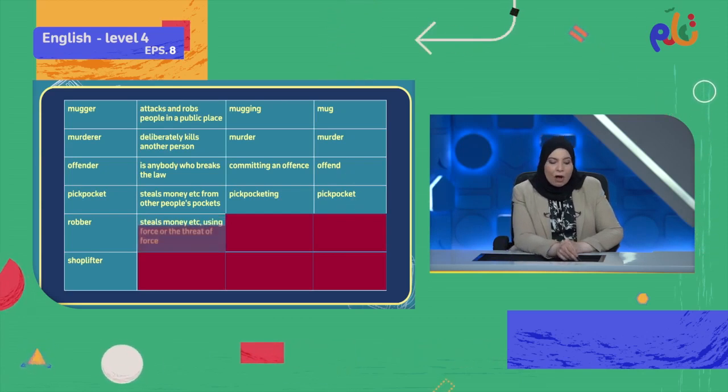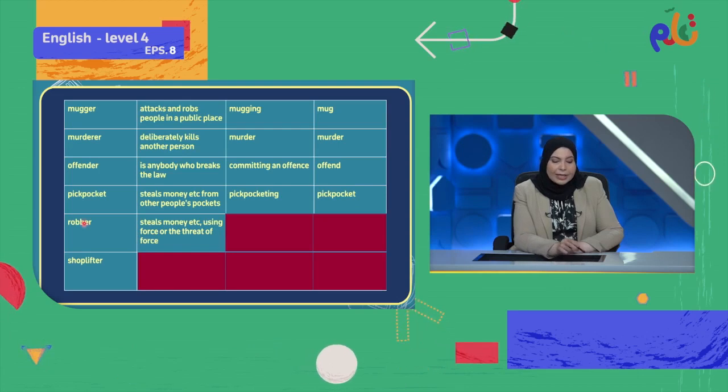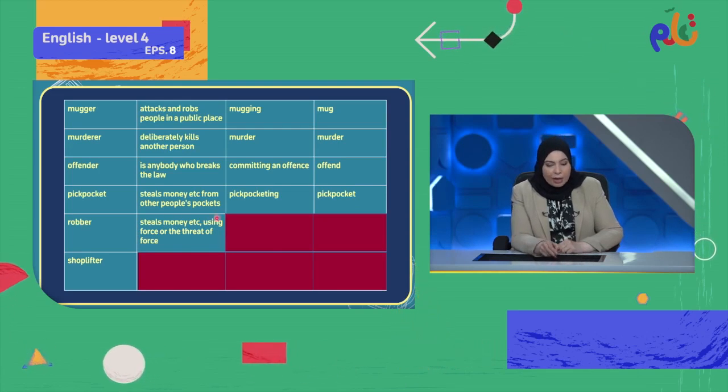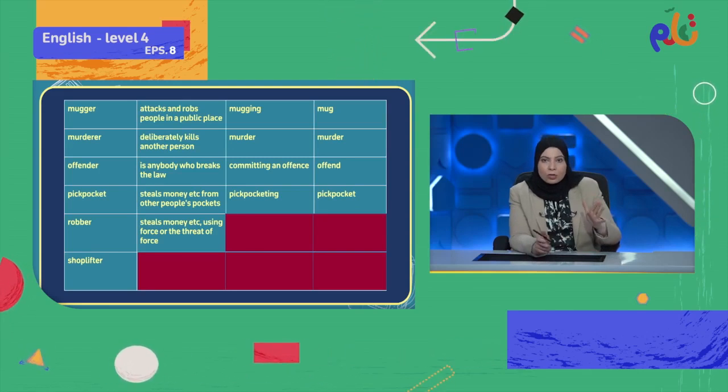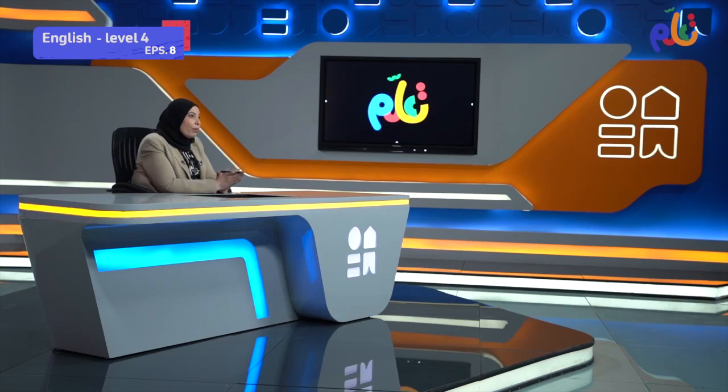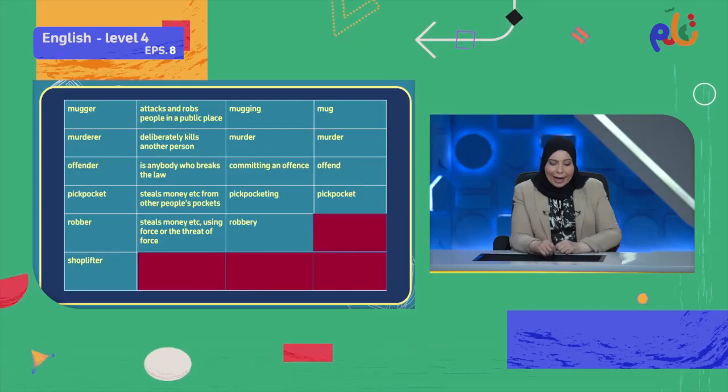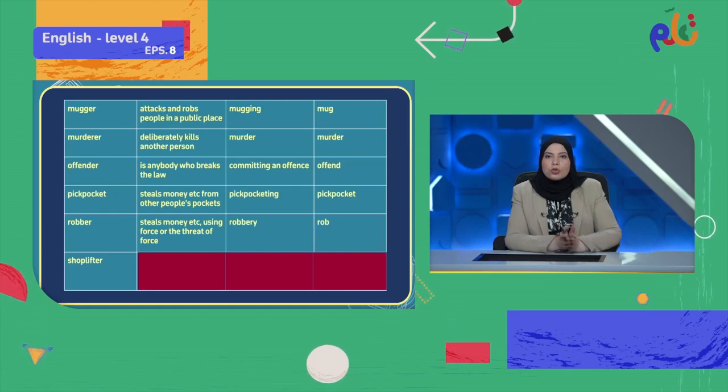The next one is a robber. A robber is somebody who steals money using force or threat. So when you take money from banks or from people, you are called a robber. If you remember the crime, it was called robbery. And when we talk about the verb, it is to rob someone.